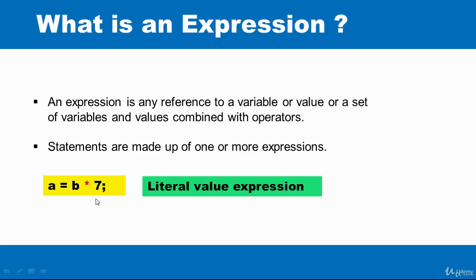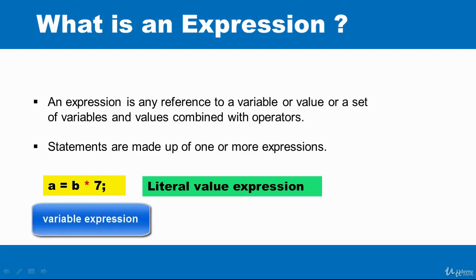So the number 7 is referred to as a literal value expression. The b is known as a variable expression, which means it basically retrieves its current value. Okay, so a variable expression is used to retrieve its current value.